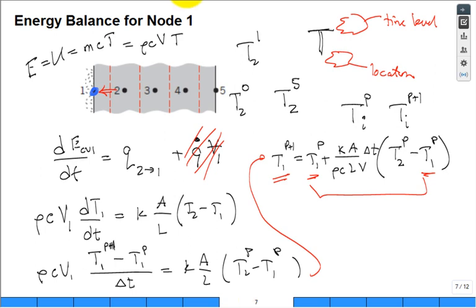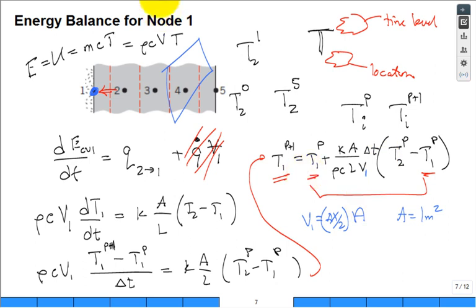I guess what I could write or work on is this area and then this volume. Okay, so think about it now. This volume of 1, the volume of 1, isn't that some sort of big area times delta x over 2? Is that right? And that big area we usually just pick to be 1 meter squared or 1 something, because we just normalize it. And that's the same as this area right there, so it cancels.